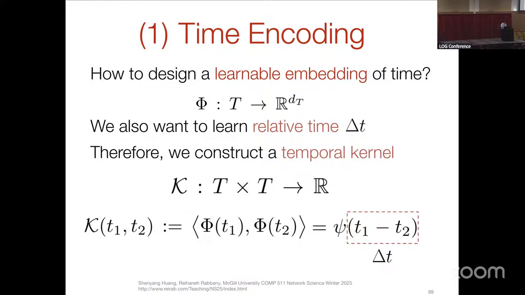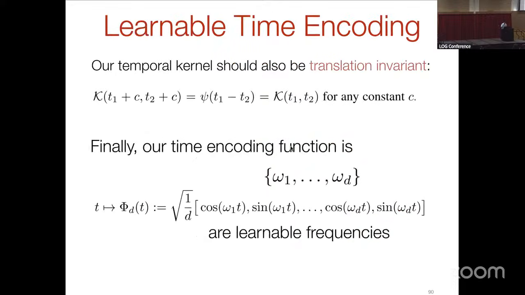So for this one, you can model directly the delta T through the kernel, right? And the key idea here is that your temporal kernel should be translation invariant. This means that if you shift by any constant, you still get the same delta T back.